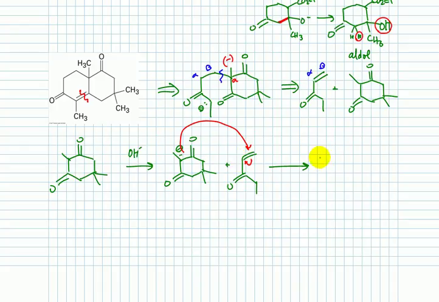So what we have is this compound, alpha, beta, there's the new bond. Okay, that's the Michael product.